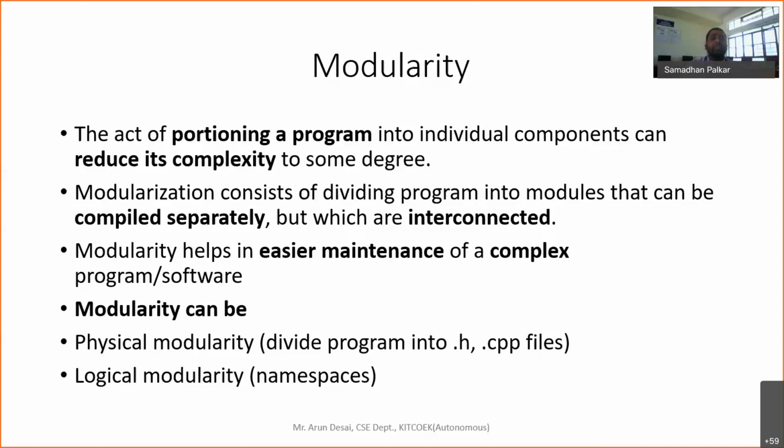This is simply called physical modularity, whereas logical modularity is where we are logically dividing a space, which is done by using namespaces. Now, what a namespace is and all that we'll see, but still keep in mind that you are using namespaces for each and every program in C++. And why? Because we are going to divide that program. So we achieve modularity either by physically dividing a program or by logically dividing it.